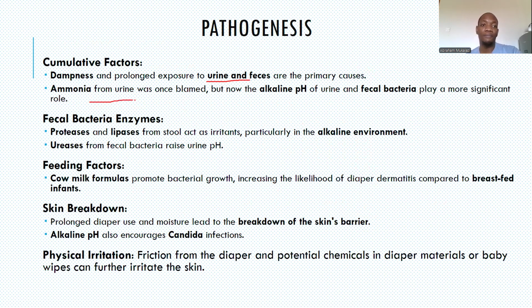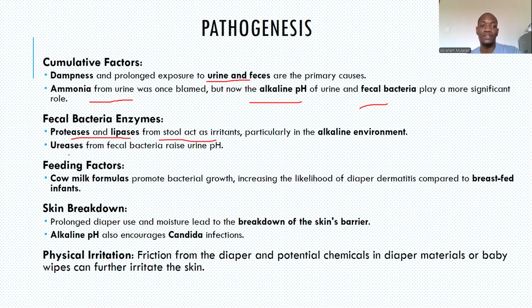The ammonia from the urine was once blamed for diaper dermatitis, but now the low alkaline pH of urine and the fecal bacteria are the most significant factors implicated in diaper dermatitis. The fecal bacterial enzymes like the proteases and lipases from stool can also act as irritants, particularly in an alkaline environment.